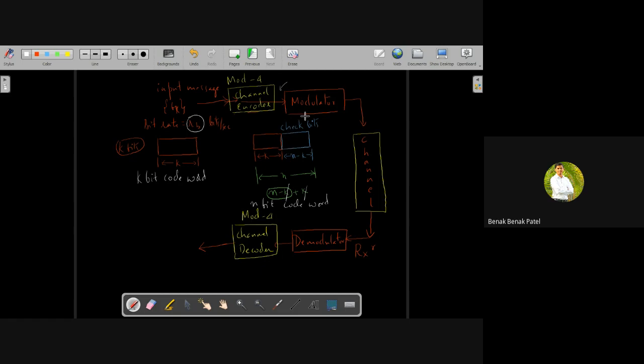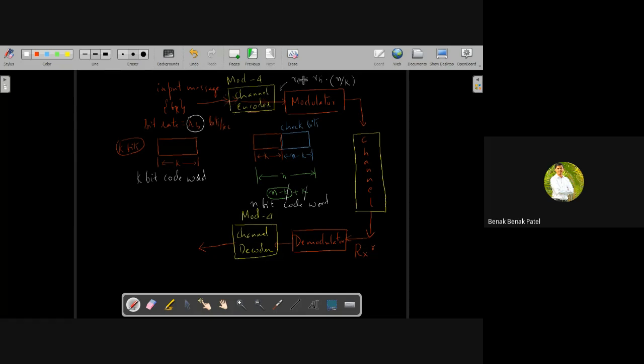So the modified bit rate will be denoted by r subscript c, which can be related to this bit rate rb as rc equal to rb, scaled by a factor of n by k, where n is the size of the output of the channel encoder, whereas k is the number of bits input to the channel encoder.